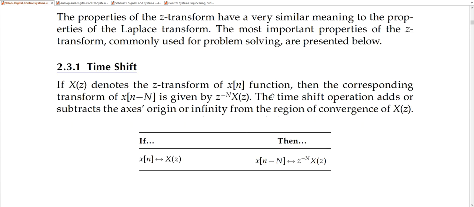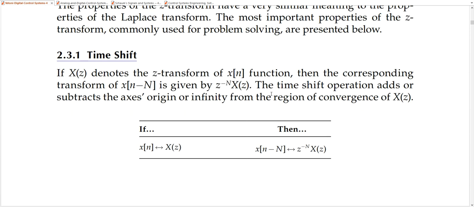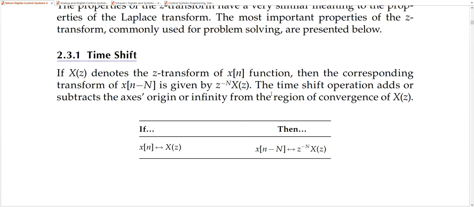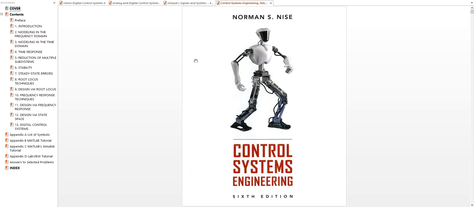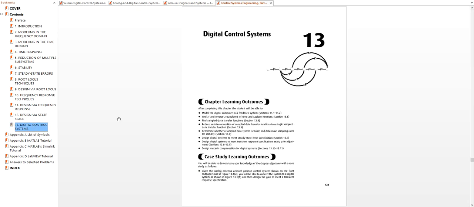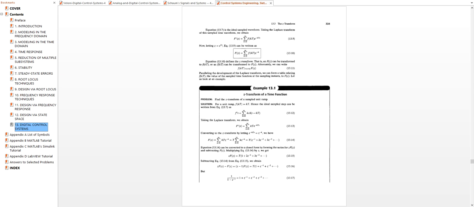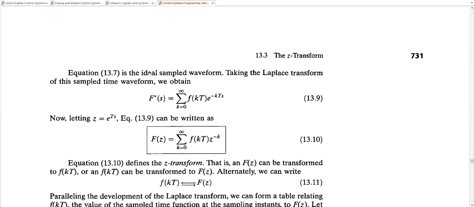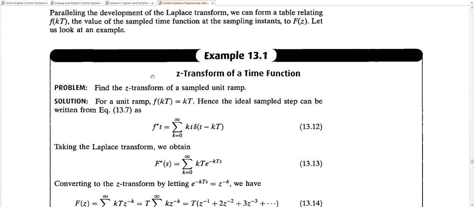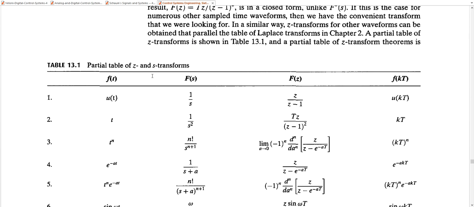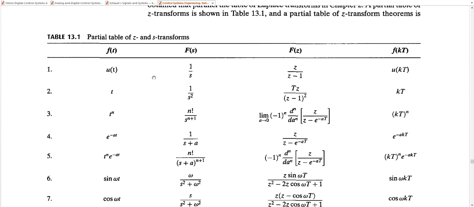So what are the properties? If you have the control systems by Nise, and going to the discussion of Nise with the Z transform, Nise presented a good summary of the Z transform.